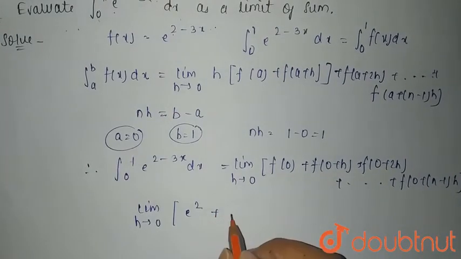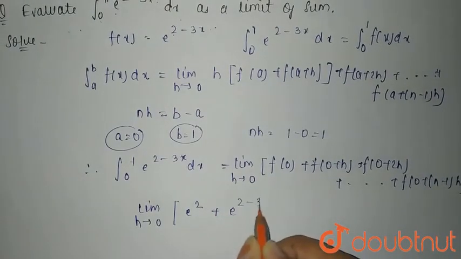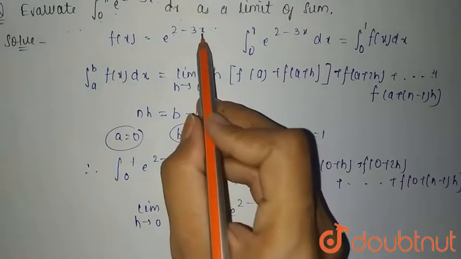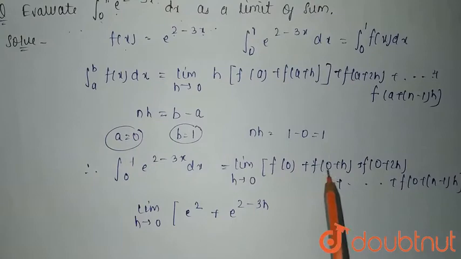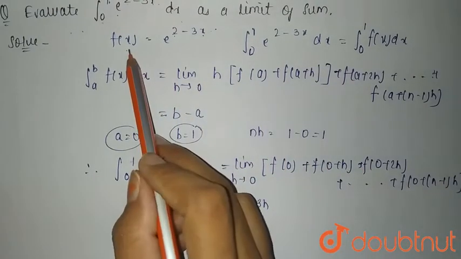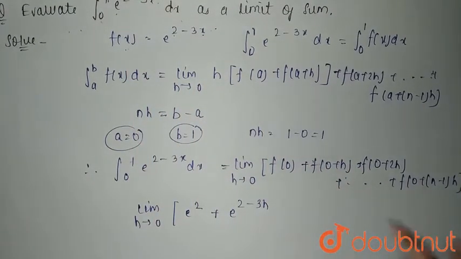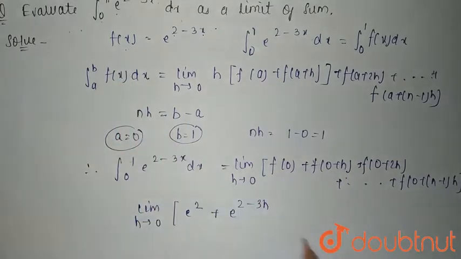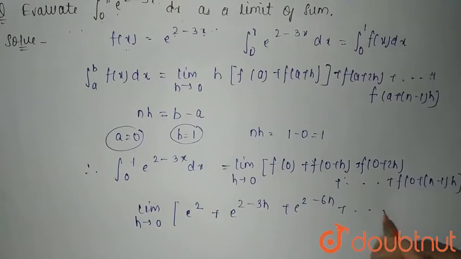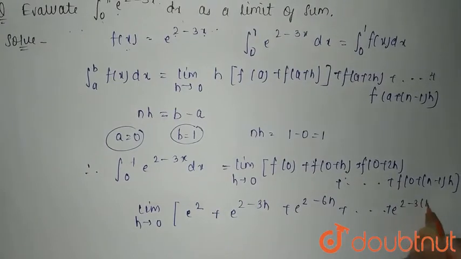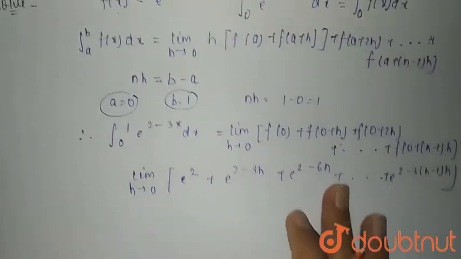Similarly, for 0 plus h, we get e to the power 2 minus 3h, because now you are putting h in place of x. So f(0 plus h) is e to the power 2 minus 3h, then e to the power 2 minus 6h, and so on up to e to the power 2 minus 3(n minus 1)h.